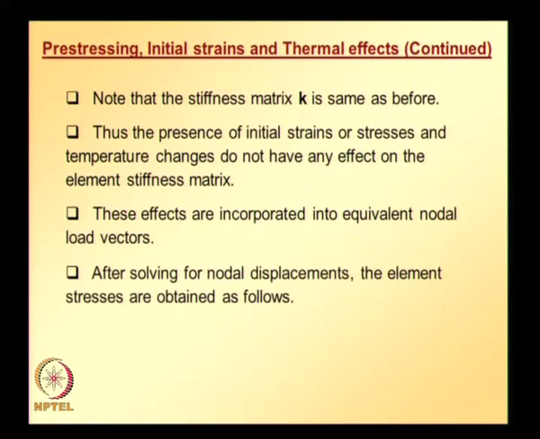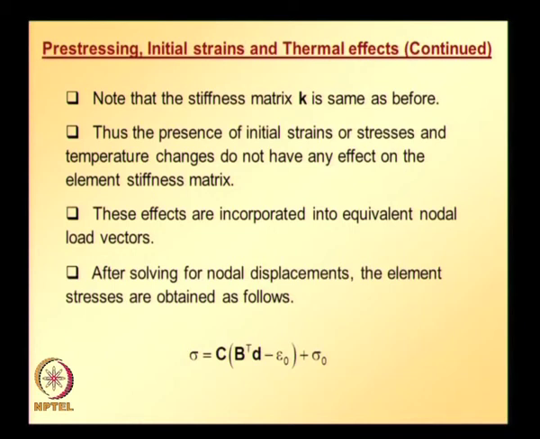Similar to that, with this definition of element stiffness matrix and nodal load vectors, in case initial strains or stresses are present, or if there is change in temperature, we can assemble the element equations as usual, and also the equivalent nodal load vectors can be assembled using the equations that we have just seen, the q epsilon naught, q sigma naught equations, and get the element equations, and using nodal connectivity we can assemble the global equations and apply appropriate essential boundary conditions and solve for the nodal displacements and do all kinds of post processing.